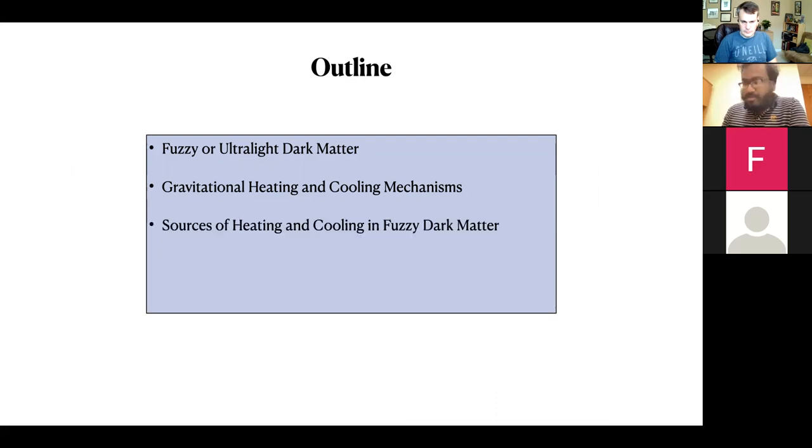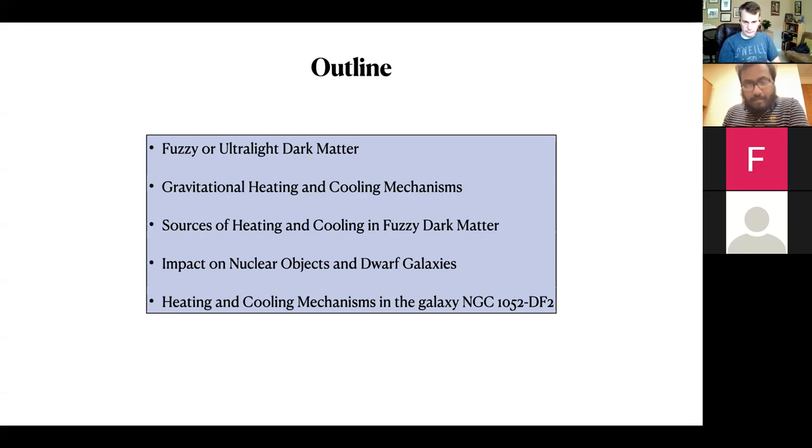And then I'm going to specifically talk about sources of heating and cooling in fuzzy dark matter, and what is the impact of those processes on nuclear objects and dwarf galaxies. And then finally, I'm also going to talk about something else. I'm going to talk about heating and cooling mechanisms in the galaxy NGC 1052 DF2, and what we can learn about the distribution of dark matter in that galaxy using these processes.